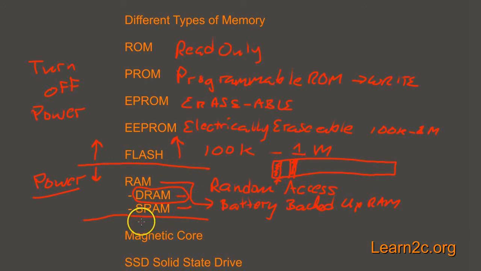We also, of course, have the solid state drive, which is basically a form of flash memory as well. And then for the sake of history, we have a very old technology called magnetic core memory. Core memory was actually magnetized cores. They stored a little bit of magnetized information, so to speak, for each bit. And it was very expensive.